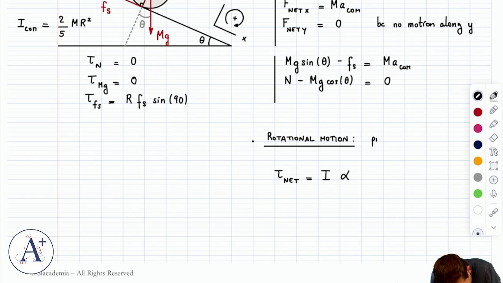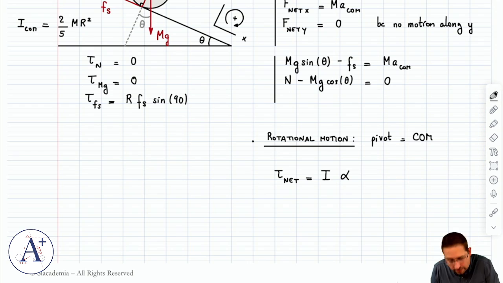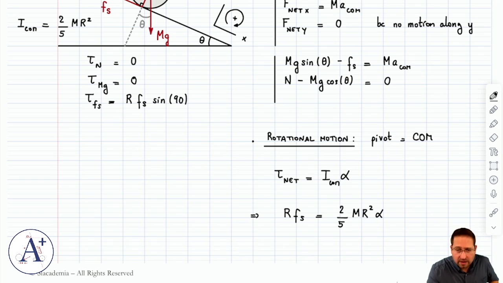If I choose my pivot to be the center of mass, I'm going to get I center of mass here, and simply it's going to be r Fs, sine of 90 is 1, is equal to 2/5 m r squared alpha.